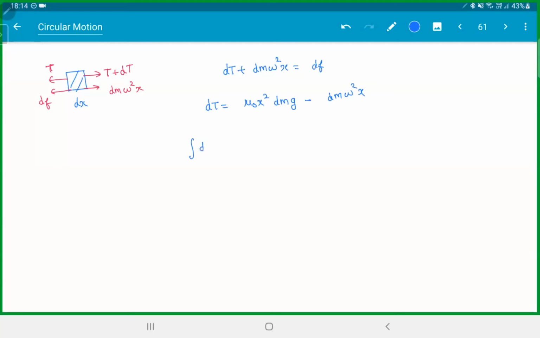Integrate dT from 0 to T. This would be mu naught x square 2m by r dx g integral, which will go from r by 2 to x, minus 2m by r omega square x dx.